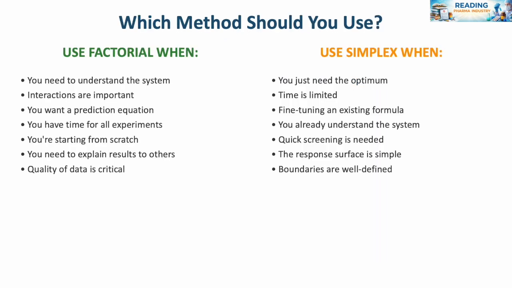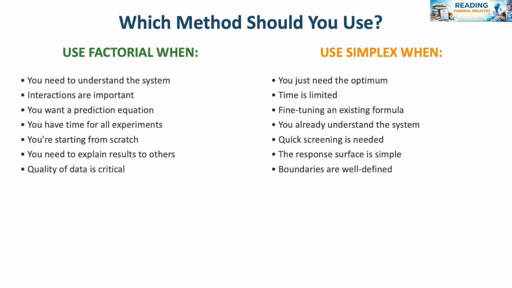Now, these are often the criteria we use when we want to choose either of those two methods. In many cases, factorial design is needed when you really want to understand the system and there is a potential for interactions. And then often we want to model the findings to find a prediction equation.